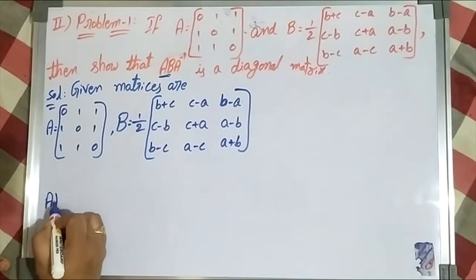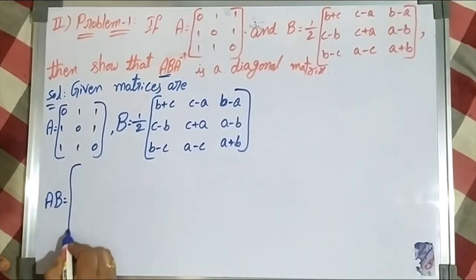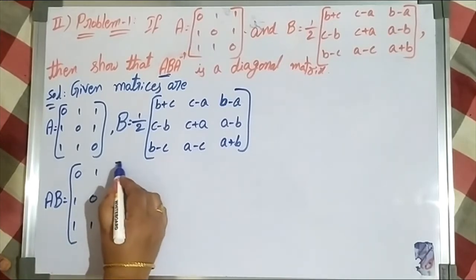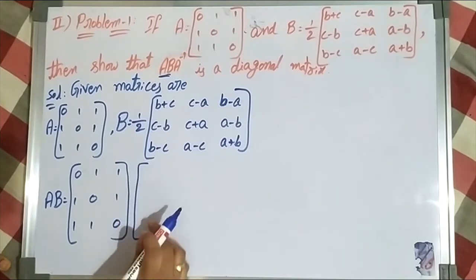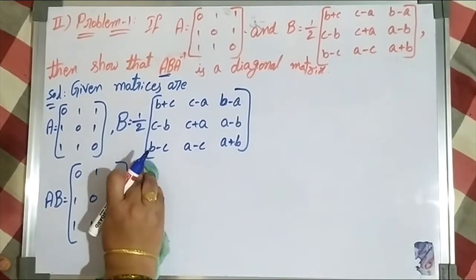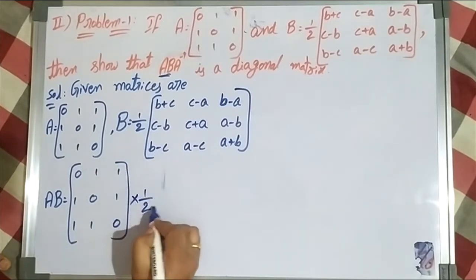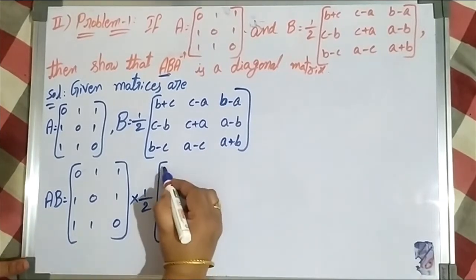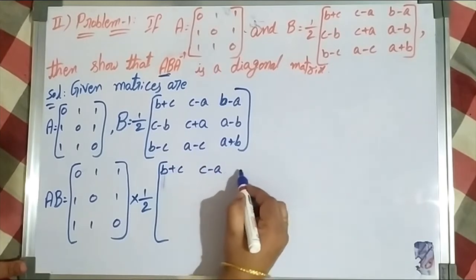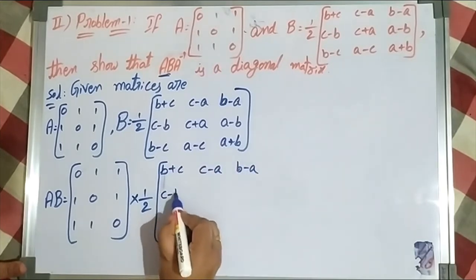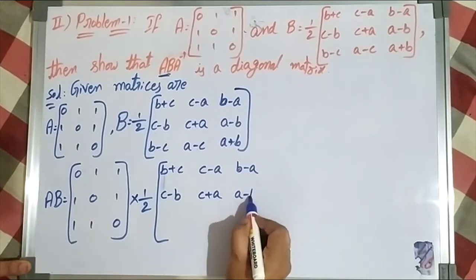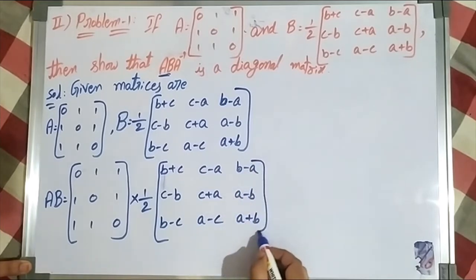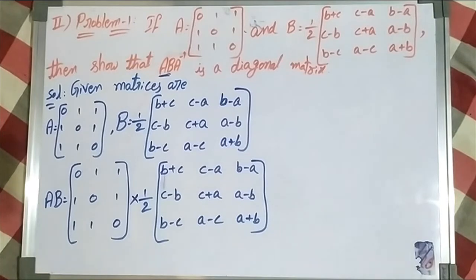We have to multiply matrices A into B. First matrix A is [0 1 1; 1 0 1; 1 1 0] into half into the matrix [B+C, C−A, B−A; C−B, C+A−B, B−C; A−C, A+B]. First we have to multiply A into B.